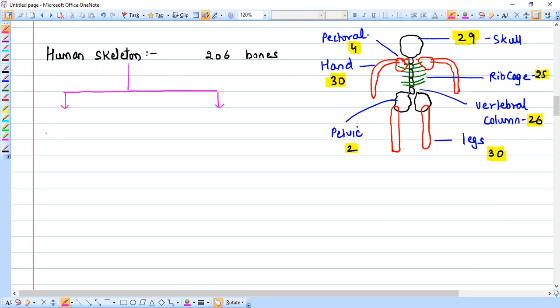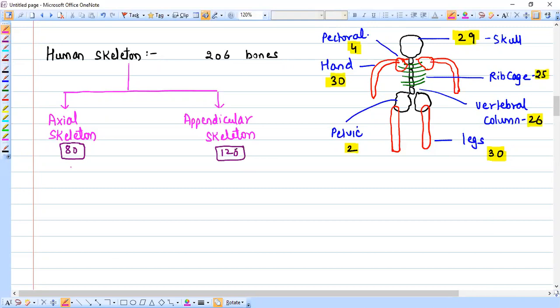The very first part is the axial skeleton, meaning the skeleton which is present on the axis, and the second one is the appendicular skeleton, which includes all the appendages. For the axial skeleton, there are a total of 80 bones. For the appendicular skeleton, there are a total of 126 bones.